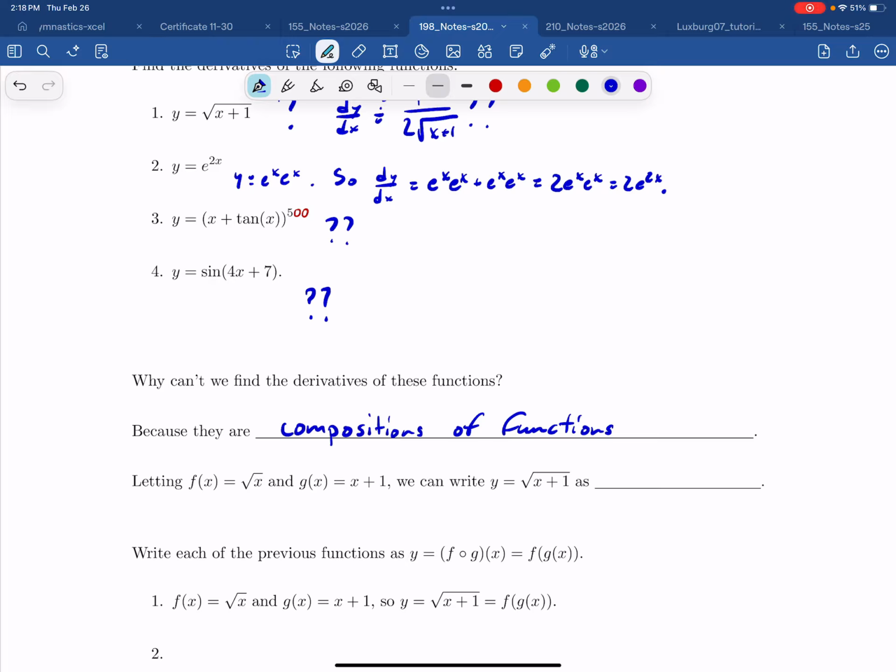So for example, if we look at number 1, if we have f of x equals the square root of x and g of x equals x plus 1, then we can write y equals the square root of x plus 1 as the square root of g of x, or f of g of x. See what I did right there?